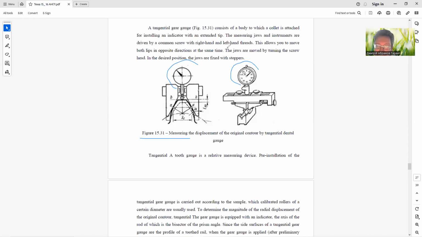The measuring jaws are driven by a common screw with right-hand and left-hand threads. This allows you to move both jaws in opposite directions at the same time. The jaws are moved by turning the screw head. In the desired position, the jaws are fixed with stoppers.